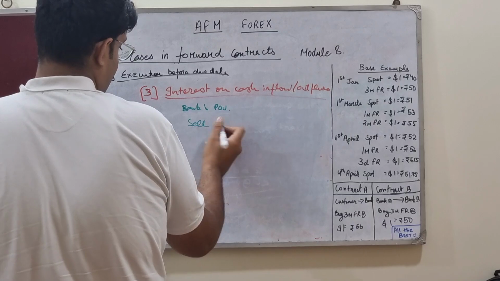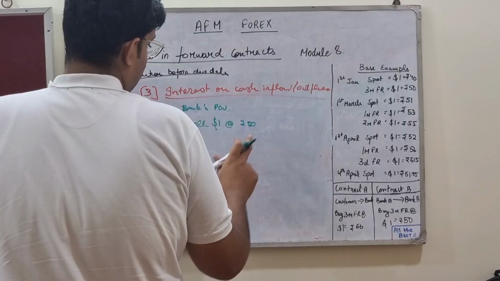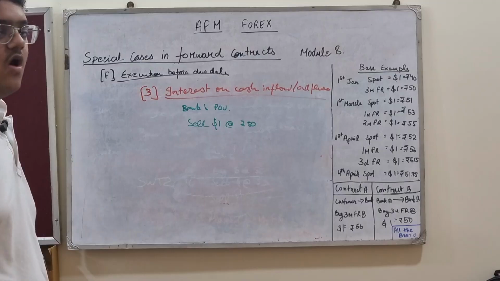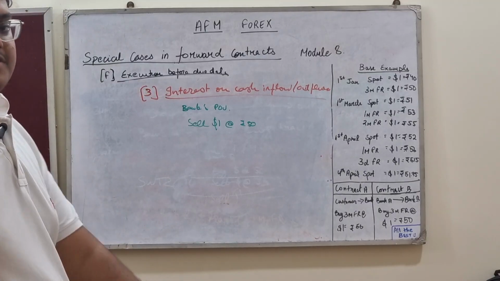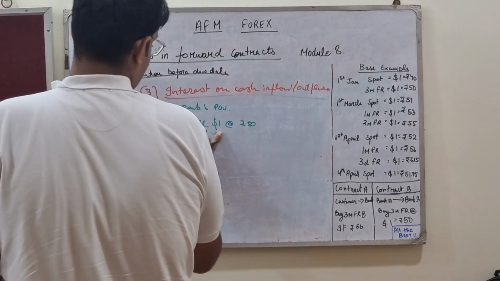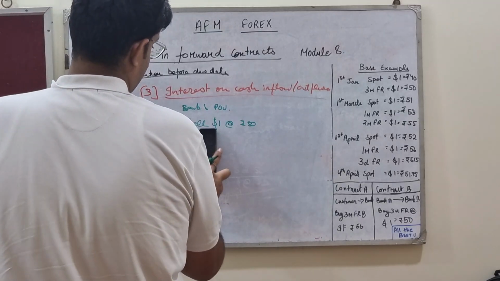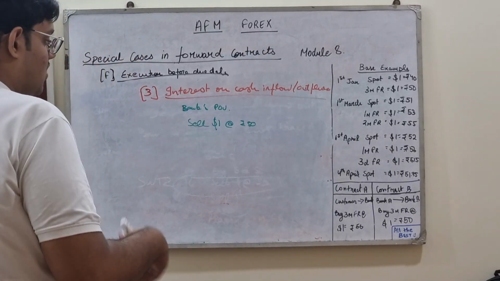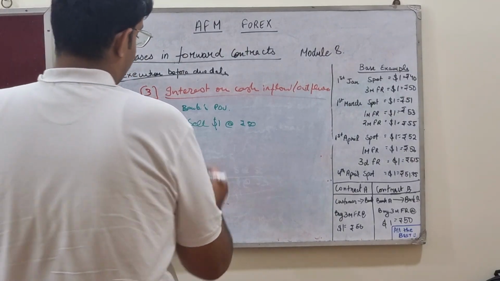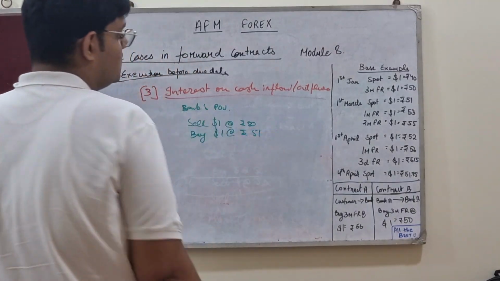The bank had to sell $1 at rupees 50 to the customer on 1st April. Now, because the bank is not executing this contract, it had to execute some other contract. It had to sell dollar at 50 rupees to the customer on 1st March. So, because the bank is selling it 1 month before on 1st March, it has to buy $1 at rupees 51, which is the spot rate.